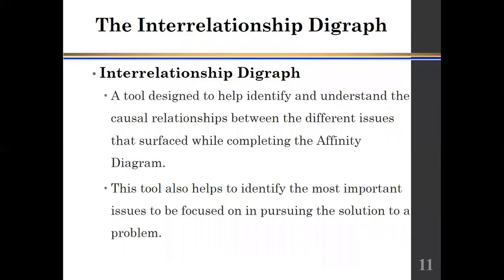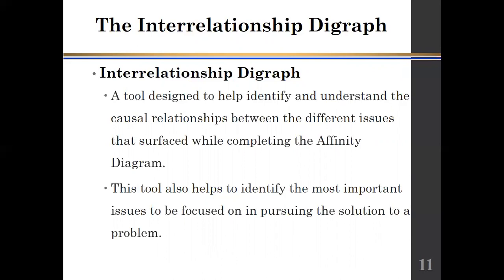After completing the affinity diagram, it might be useful to understand the causal relationships between the different issues that surfaced. Also, it is helpful to identify the most important issues to be focused on in pursuing the solution to a problem.